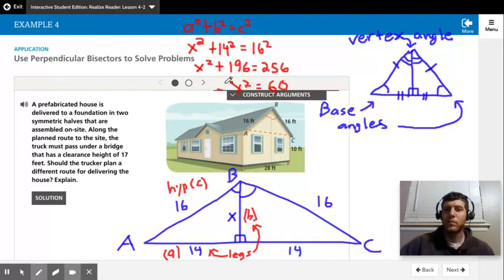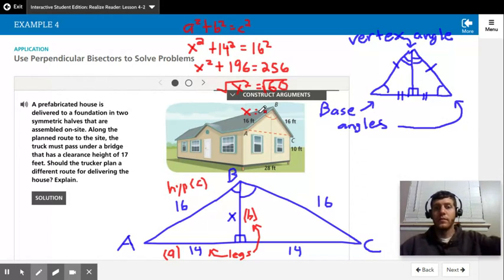So the square root of 60 is going to be more than 7 and less than 8. So it'll probably be like 7.8 here. Square root of 60 is 7.7 feet. Right, so it would be 7.7 feet.